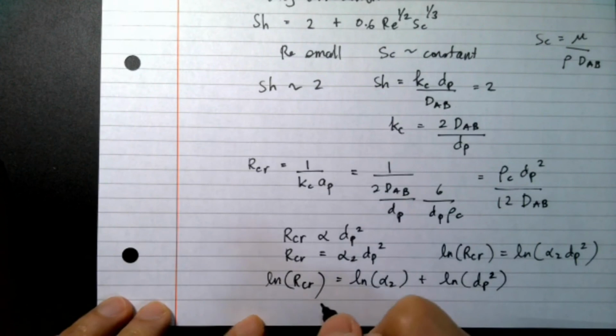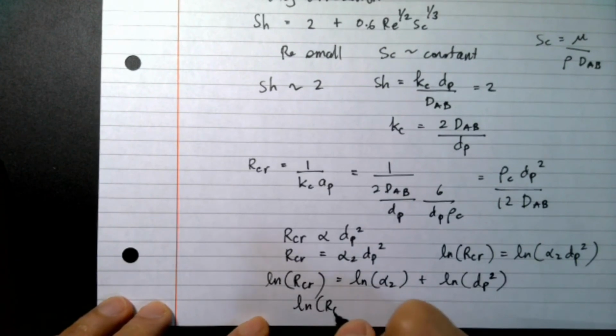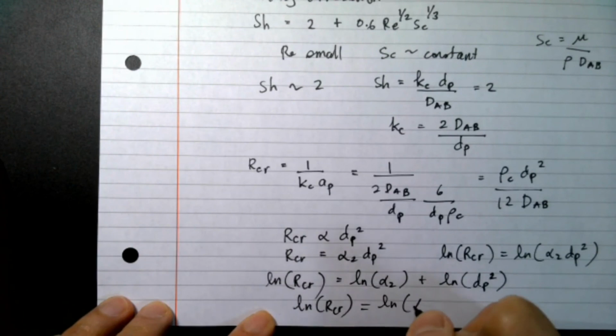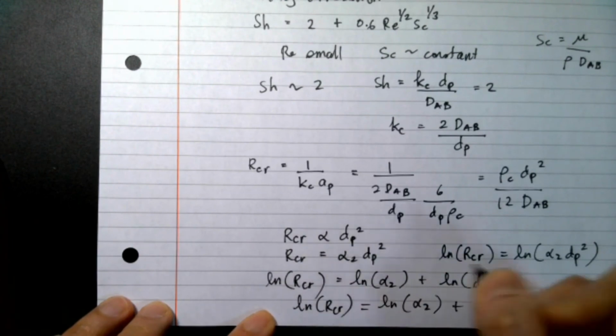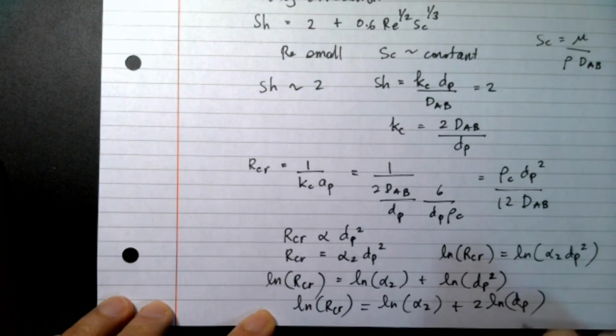Okay, but this is also equal to the log. We can also write this as log of RCR, log of alpha 2 plus 2 times the log of the particle diameter.